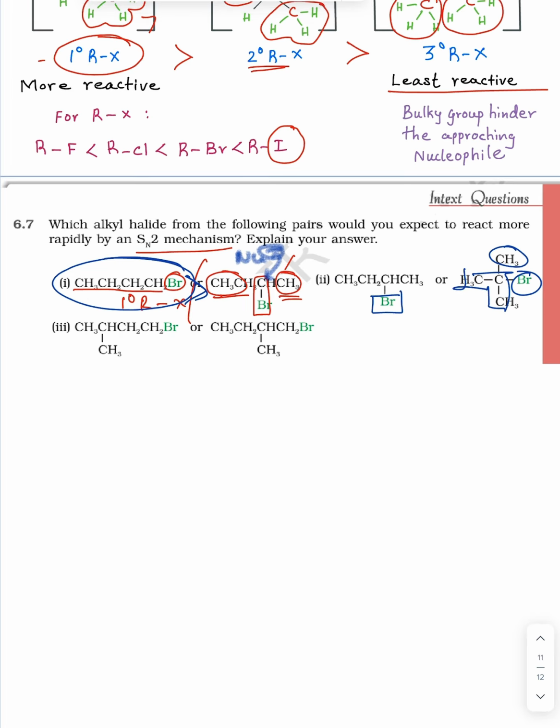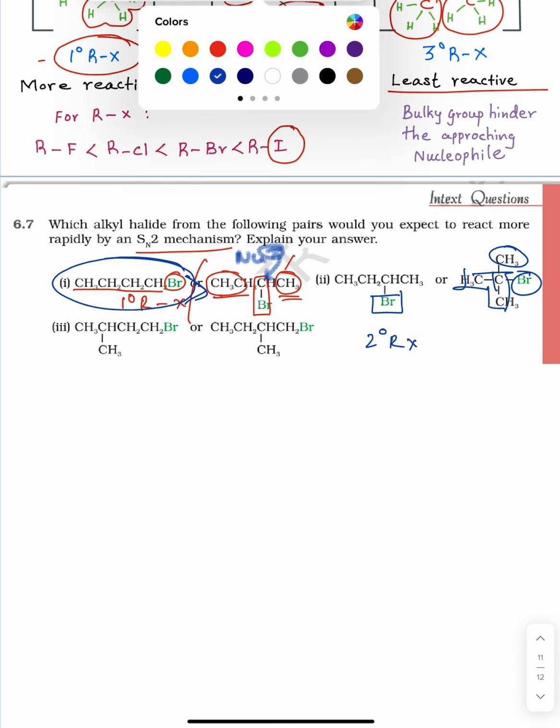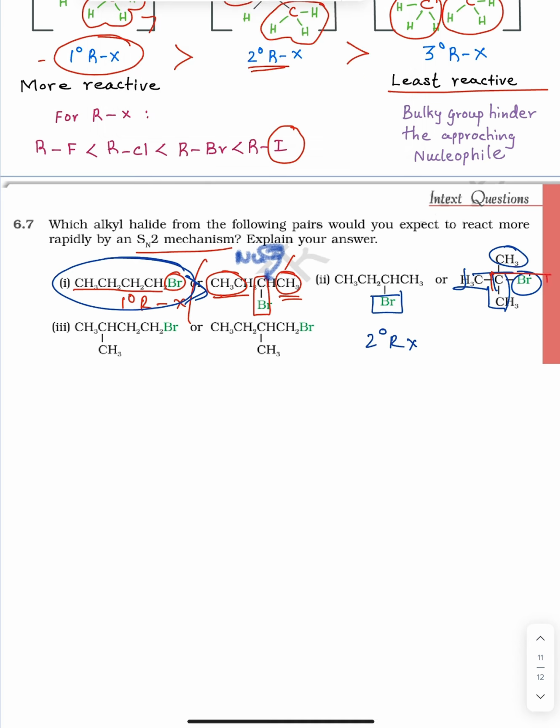This is the secondary alkyl halide, and this is the nature of the carbon-halogen bond. Here I have three alkyl groups, so this is the tertiary alkyl halide. Which is more reactive? Obviously the secondary alkyl halide is more reactive. The reason is that the secondary alkyl halide has less steric hindrance, while the tertiary alkyl halide has more steric hindrance.